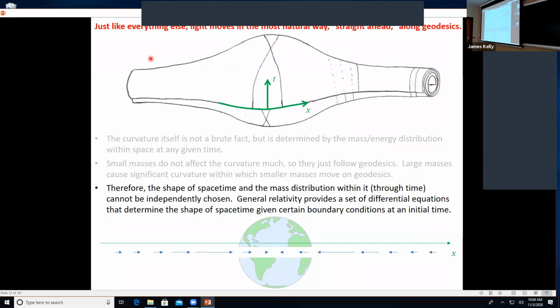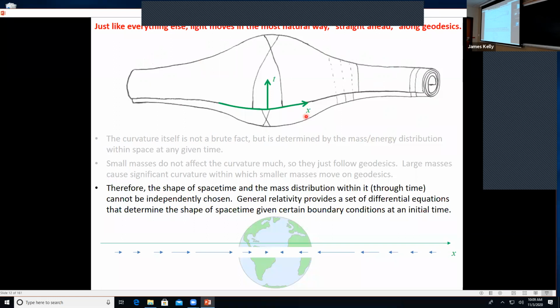Now, this is completely exaggerated. Earth is still a relatively small mass and has very little effect on the curvature, but of course, it does have an effect because things orbit in circles or ellipses. They don't orbit in straight lines, and therefore it is curving space somewhat significantly. But the way I've drawn this is completely exaggerated here.